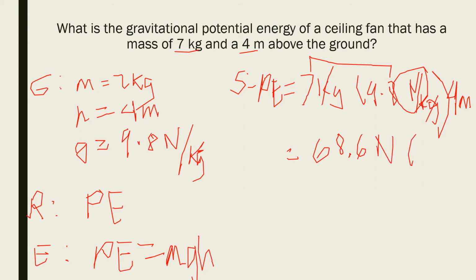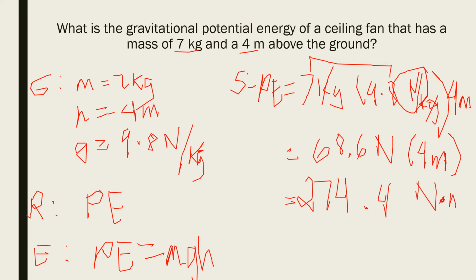Then afterwards, you need to multiply it by 4 meter. So 68.6 Newton multiplied by 4 is equivalent to 274.4 Newton meter.